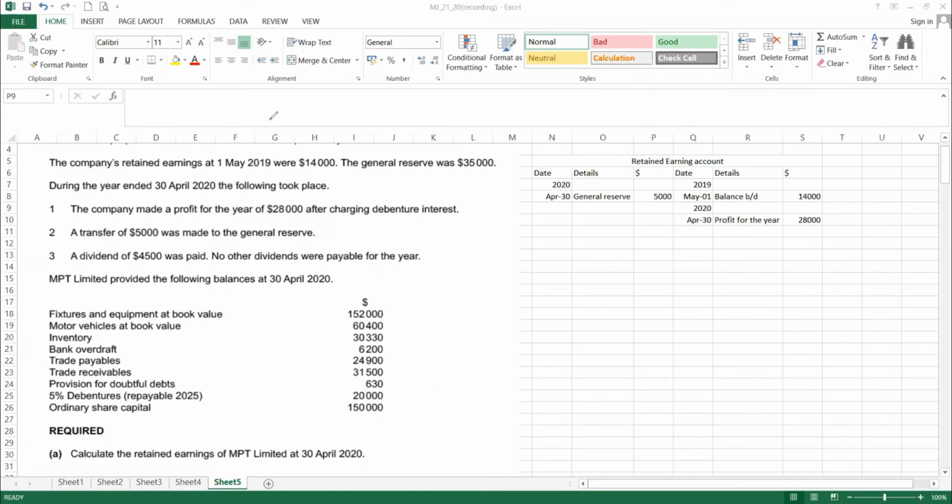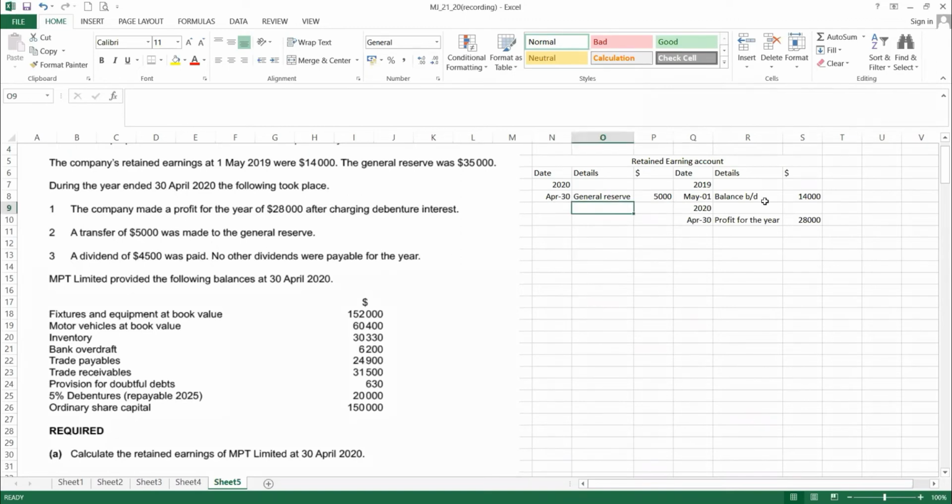Okay, now let's continue. A dividend of 4,500 was paid. Dividend paid is on the debit side because it reduces your amount in retained earnings. But take note that only the amount paid you will record on the debit side. If it was just proposed, don't put it in.